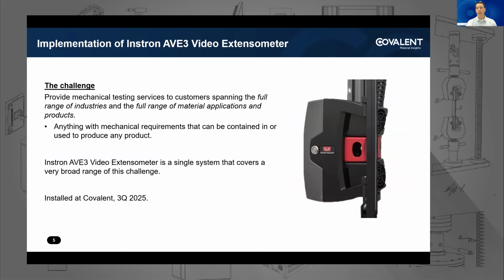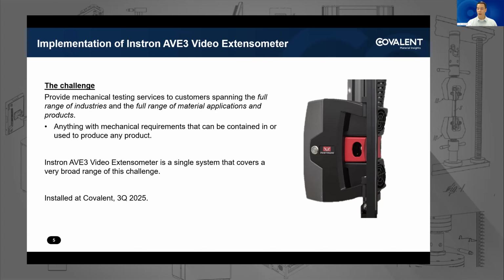Now I want to talk about our implementation of the AVE3. We want to be able to service any customer that comes to our door. So the challenge is that we want to, as the slide says, provide mechanical testing services to customers spanning the full range of industries and the full range of material applications and products. What that means is that anything that has mechanical requirements that can be contained in a product or used to produce a product, we want to be able to provide mechanical testing services.